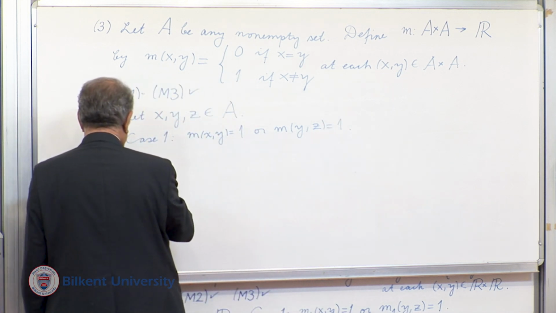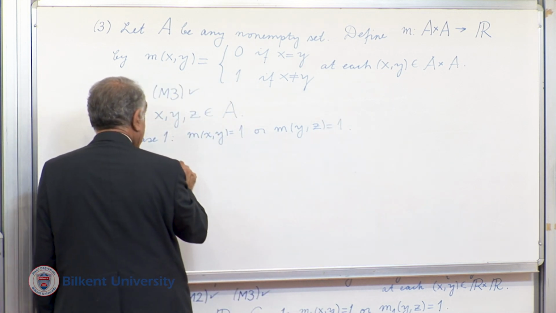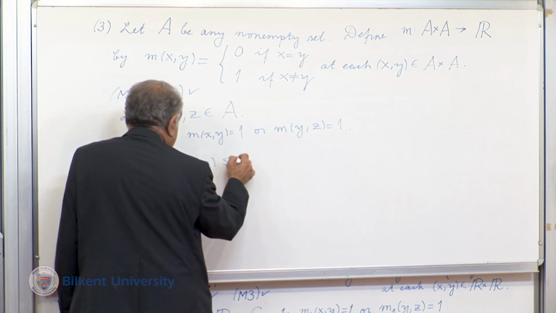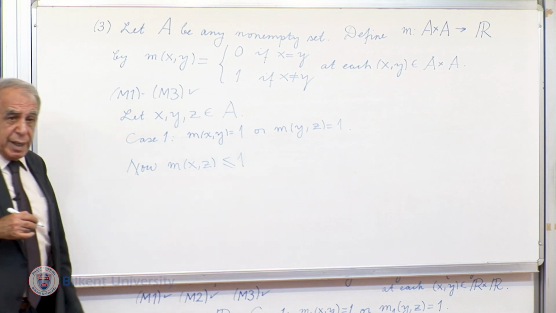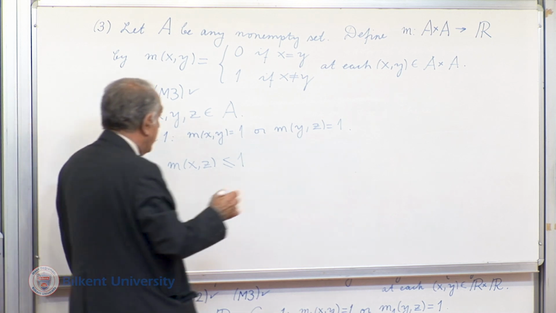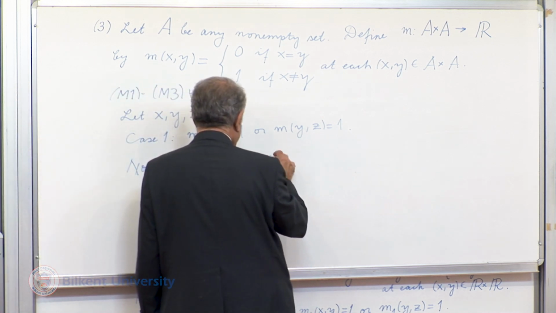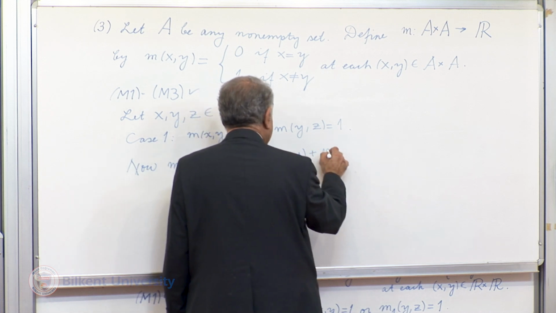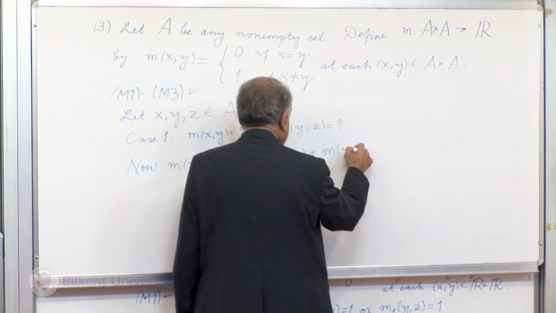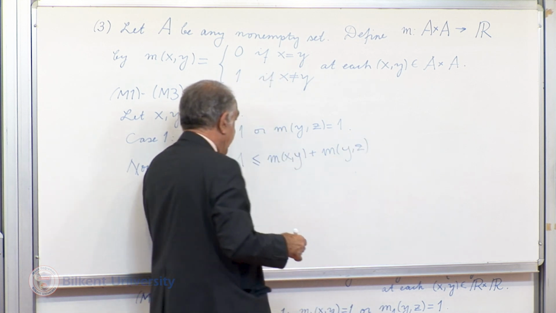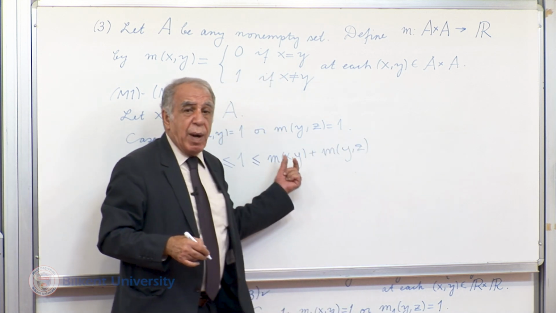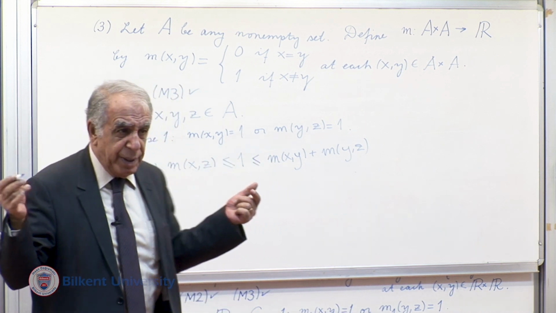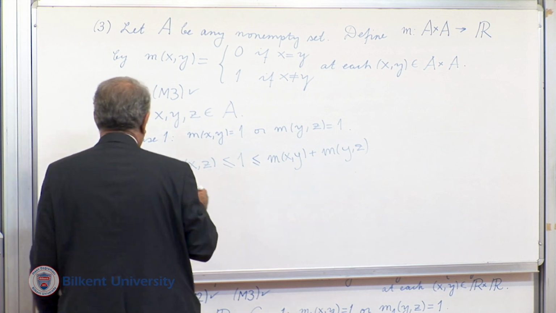Now, m(x,z) will definitely be less than or equal to 1, but the right side will be the sum of two numbers, at least one of which is 1 and the other is larger than or equal to 0. So that will be satisfied.